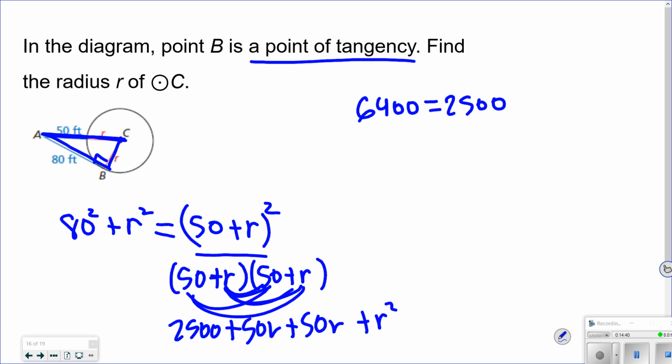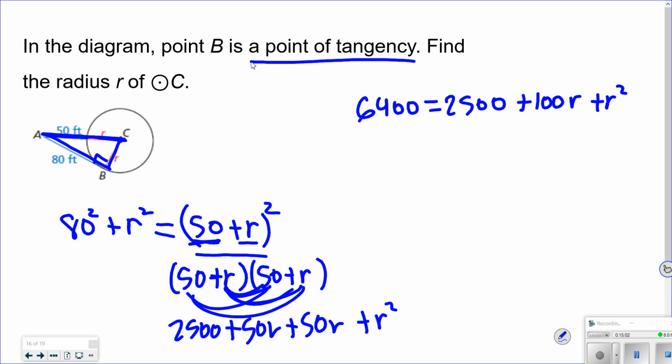So you end up with 2,500 plus 100r plus r squared. And by the way, if you want a shortcut, you square the first term, you multiply the two together, 50 times r is 50r, times 2 gives you the 100r, and then you square the last, r squared.